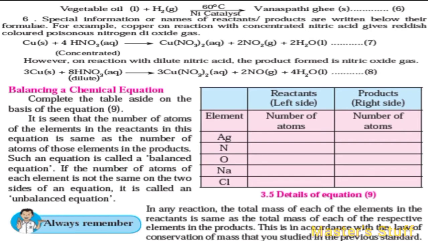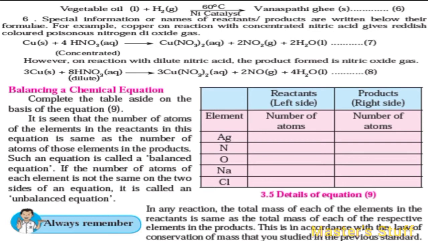When the number of atoms of the elements in the reactant in the equation is the same as the number of atoms of those same elements in the product, then the equation is called a balanced equation. If the number of atoms of each element is not the same on the two sides of the equation, it is called an unbalanced equation.